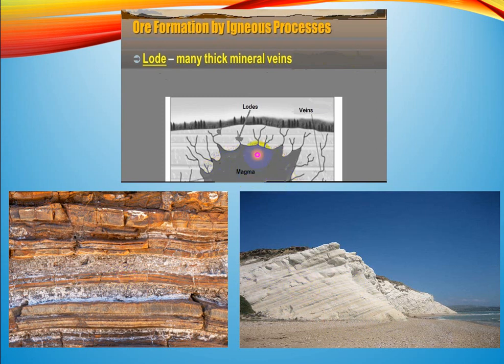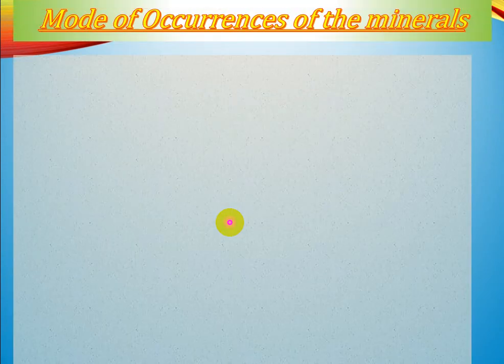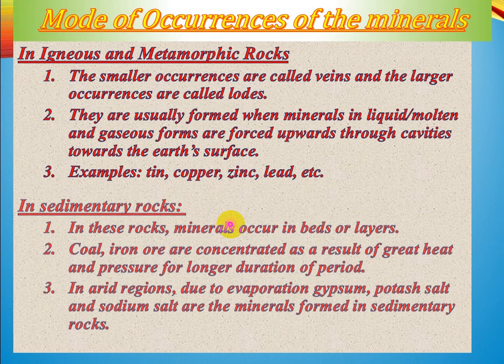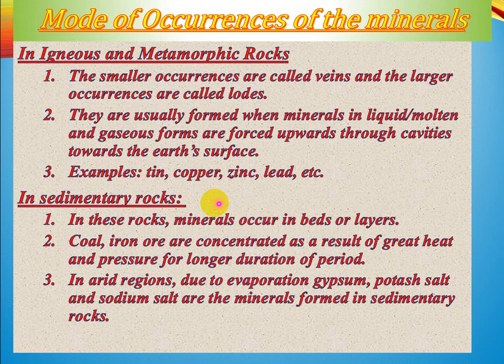Now let us proceed to the next slide, which explains what I just showed with the help of the picture. Without wasting any more time, let me go with the examples. Tin, copper, zinc, lead, etc. are the minerals which occur in the form of veins and lodes when the liquid molten material or gases are forced upwards through cavities.